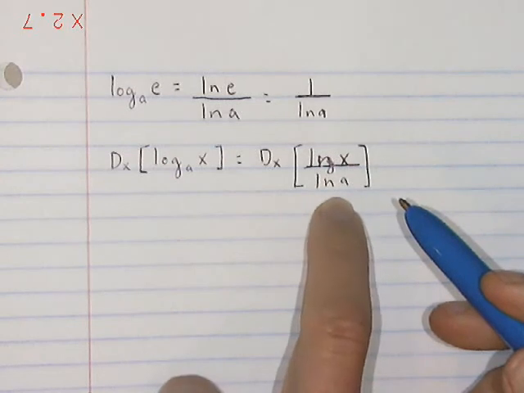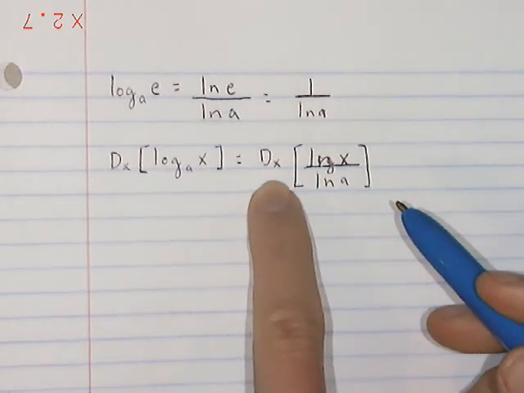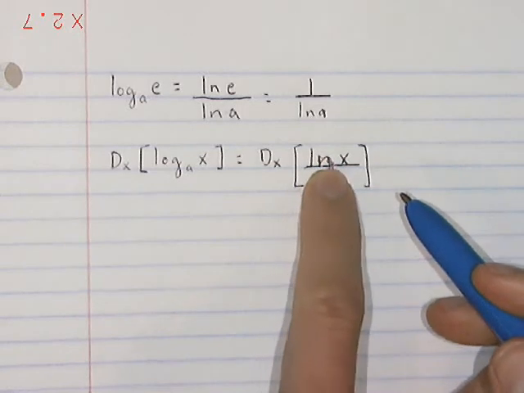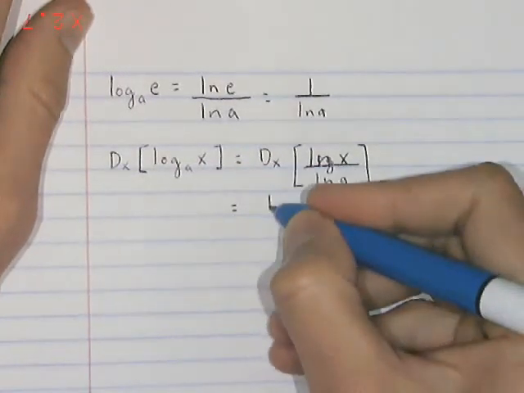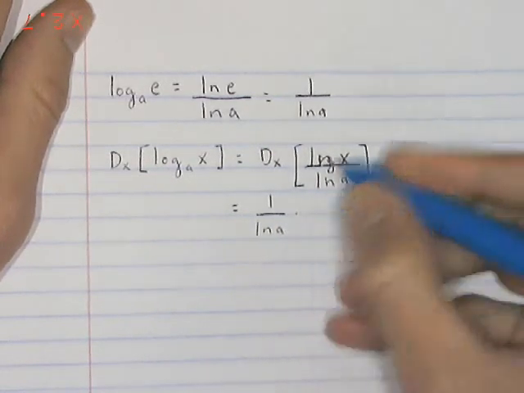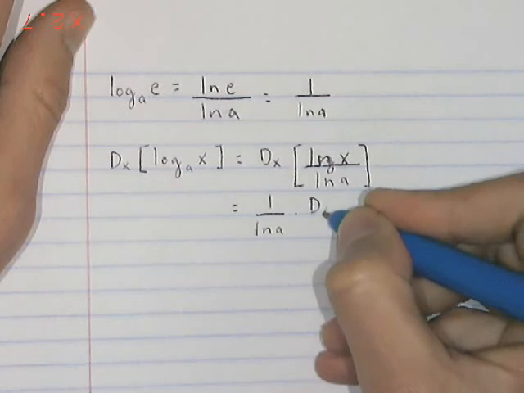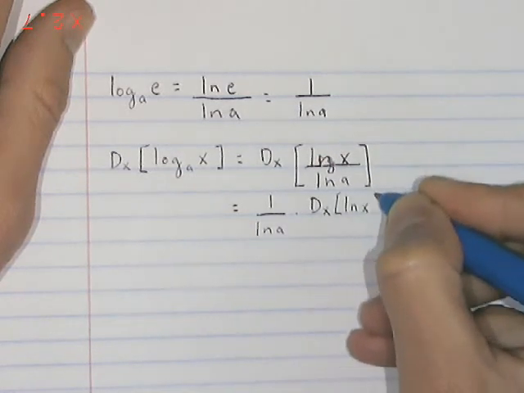The ln of a is also just some real number, and so it has no effect on the derivative with respect to x of this function here. And so we can write this as 1 over the ln of a times the derivative with respect to x of ln of x.